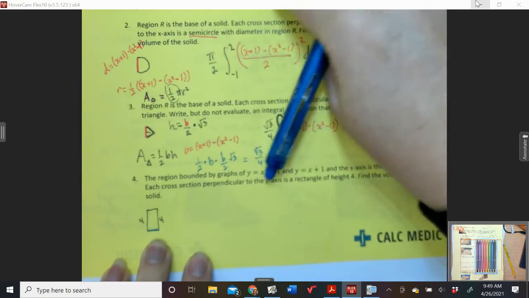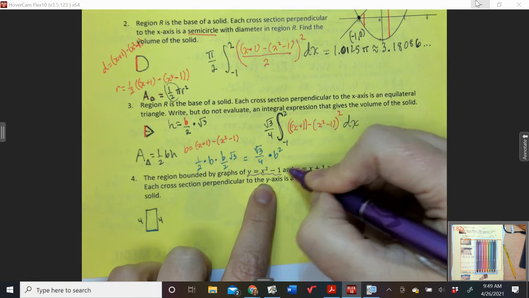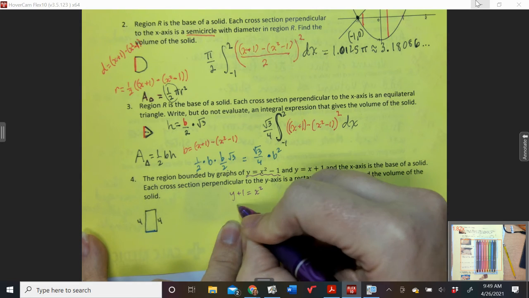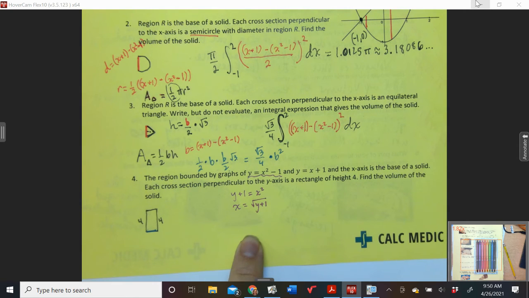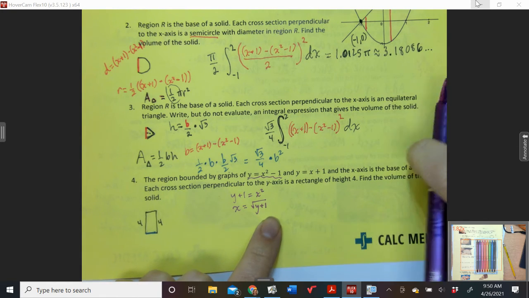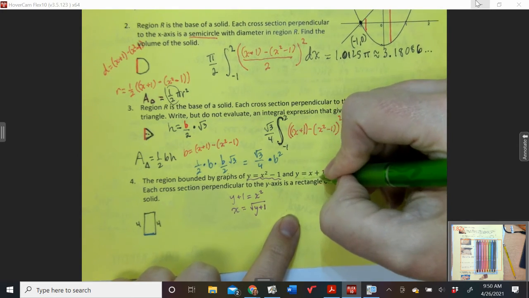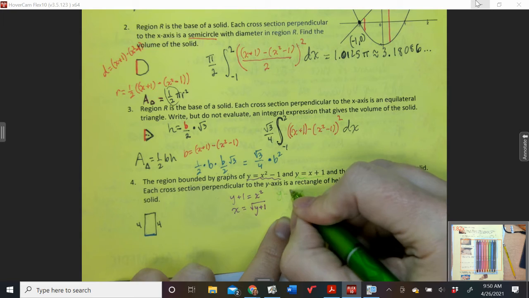Now I solve both of my equations for x. So this is y plus 1 equals x squared, so x equals the square root of y plus 1. We only need the principal square root because it'll work out, which is nice. And then the other equation is x equals y minus 1.